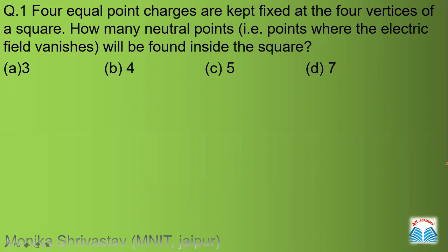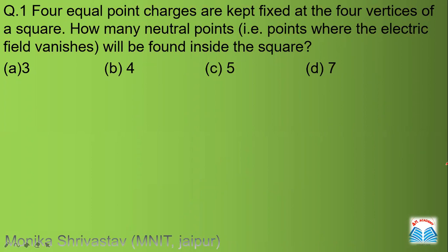Question one is: four equal point charges are kept fixed at the four vertices of a square. How many neutral points will be found inside the square? A neutral point means the point where the electric field is zero. What is a neutral point?